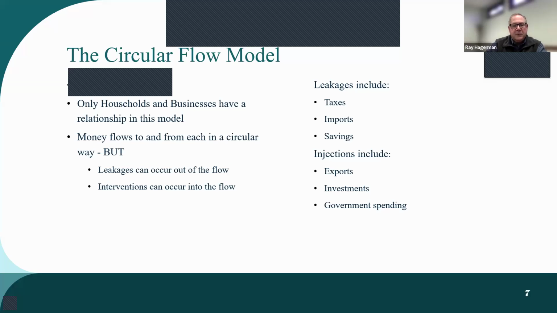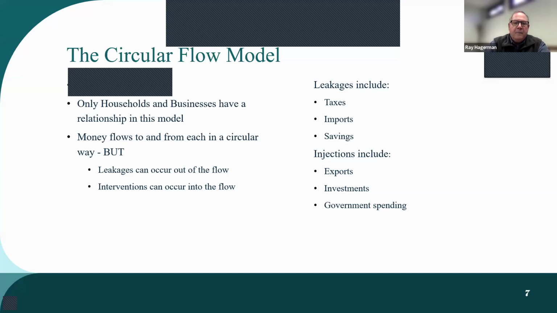And then those same households or different households actually buy those services or goods, at which time the business then reinvests that money into making more products and selling them to more households. So you can see how there's a circular flow there, hence the name. Money flows to and from each way.